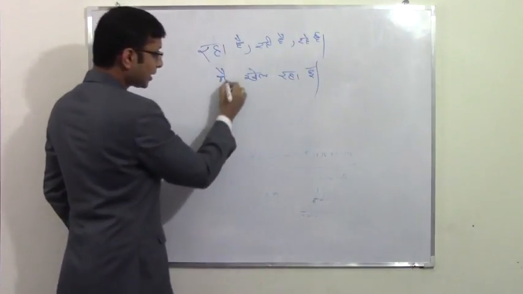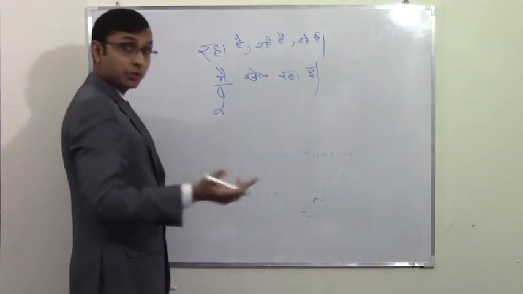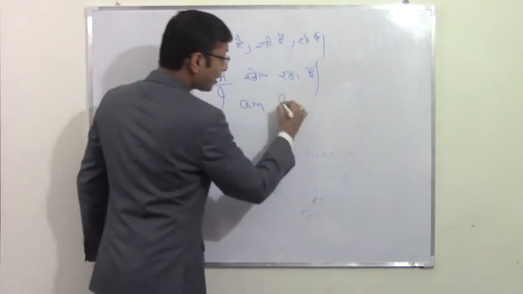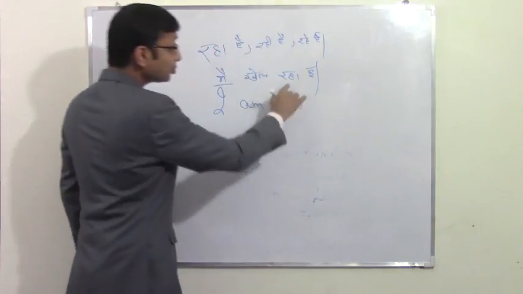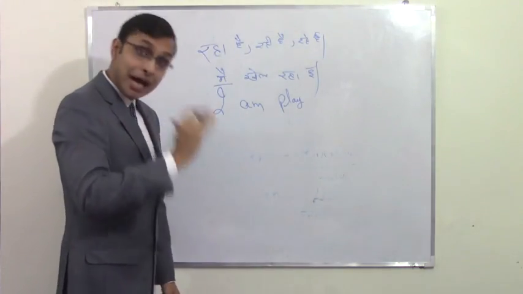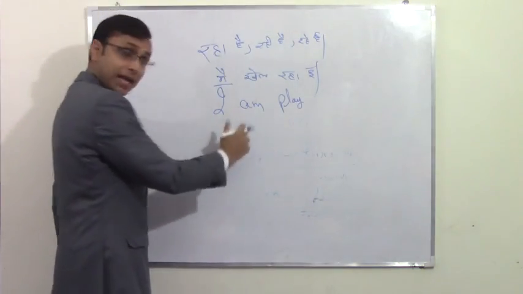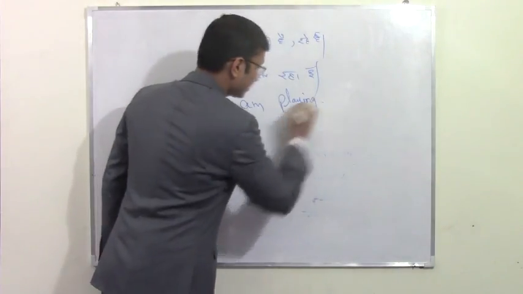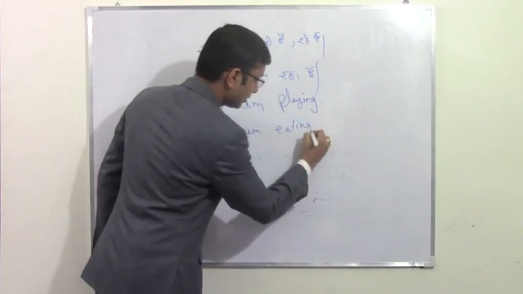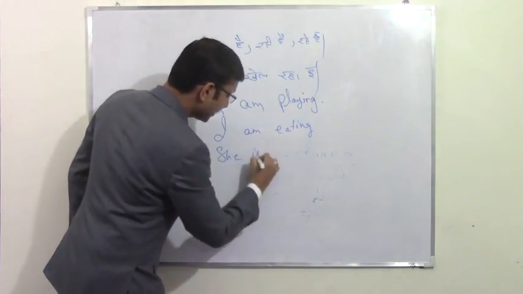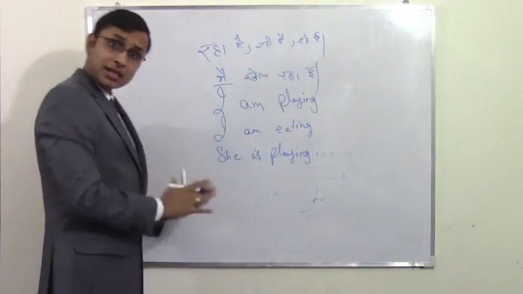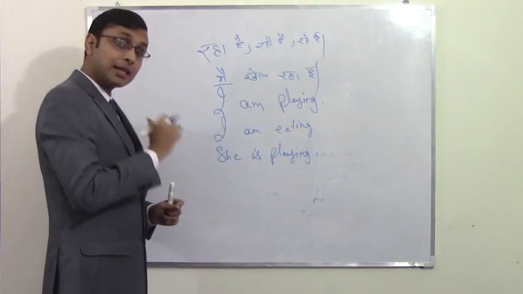We made it like: मैं is I, and with I we use the helping verb am, and then khelna, play. I told you whenever we have sentences with raha hai, rahi hai, rahe hain, we need to add ing to the verb. So I am playing. I am eating. She is playing. These are the sentences which we did in the last session.